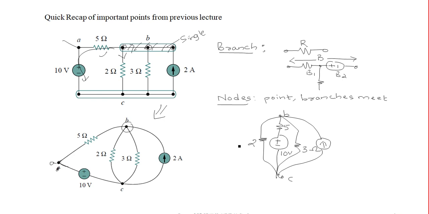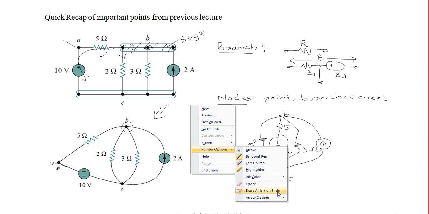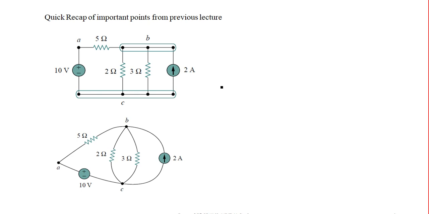And now if you come to the loops, let me clear these things. Okay. Now coming to the number of loops here, if you consider the loops, they are nothing but closed paths in a given circuit.